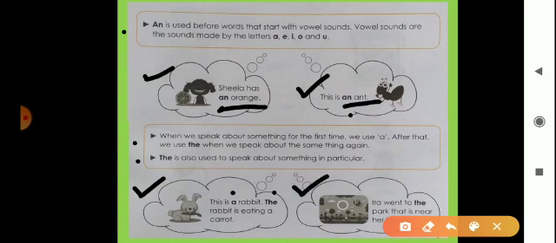Ira went to the park that is near her house. So the is used about something in particular. Park is a particular place. So we use the here. Okay. I hope you understood these articles.